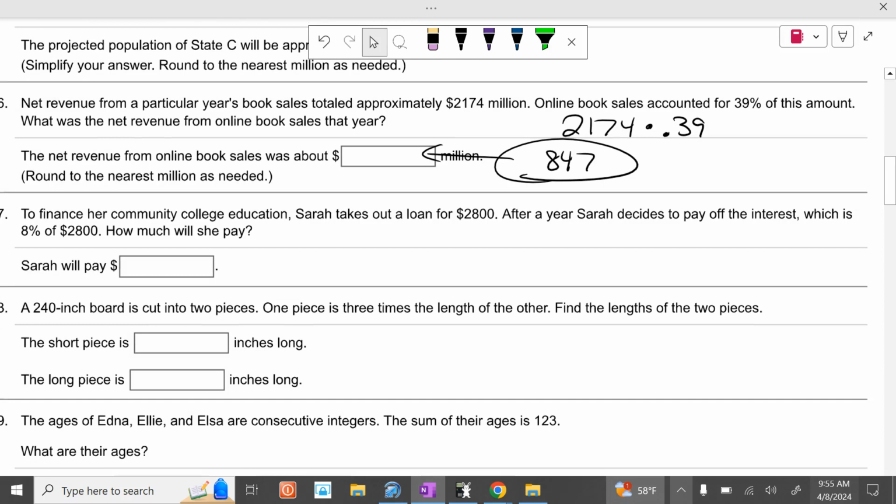Okay. To finance her college education, she takes out a loan for $2,800. She decides to pay off the interest, which is 8% of $2,800. How much will she pay? Of means multiply. 0.08 times 2,800. $224.